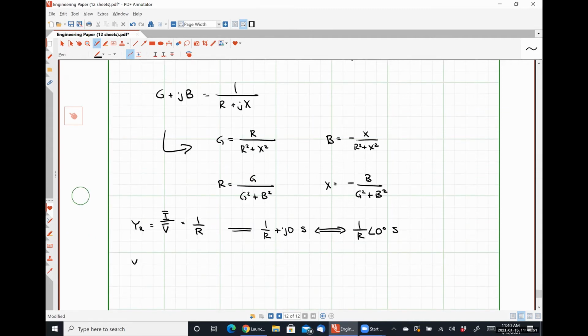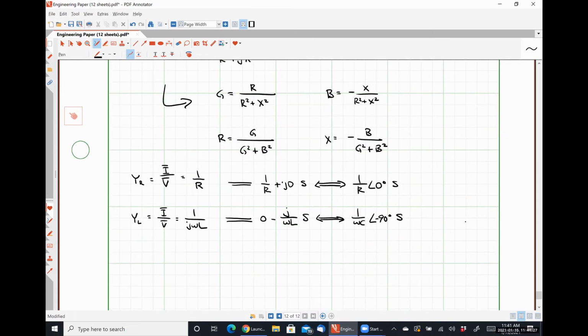For an inductor, we have 1 over j omega L, which is 0 minus j divided by omega L siemens in rectangular form, or 1 over omega L angle minus 90 degrees siemens in polar form.